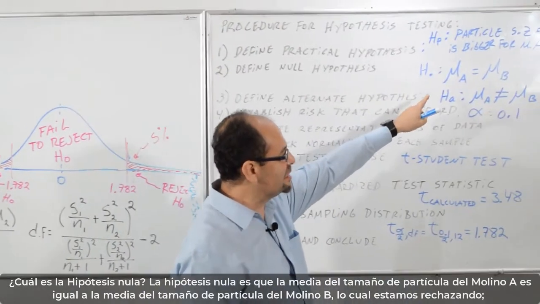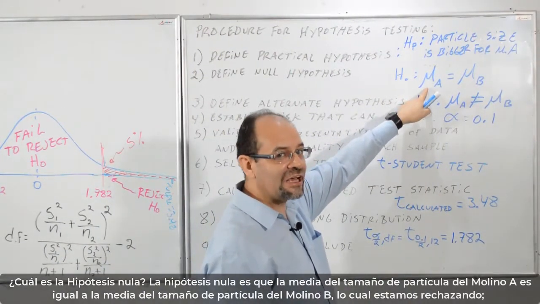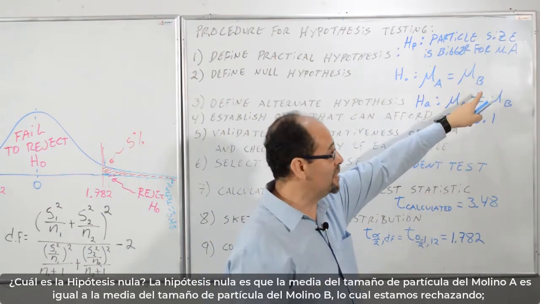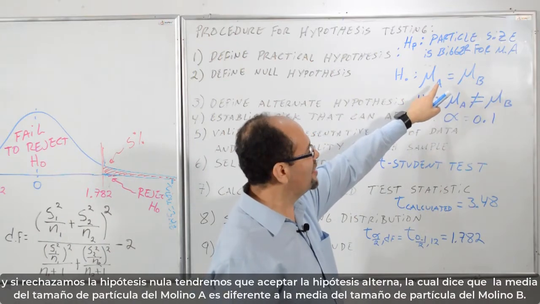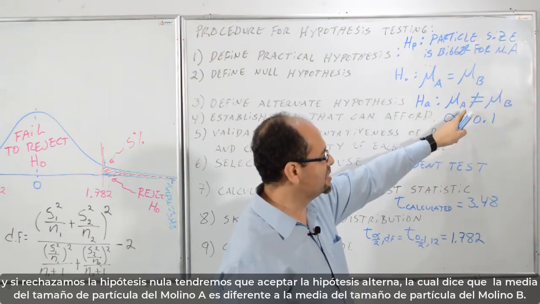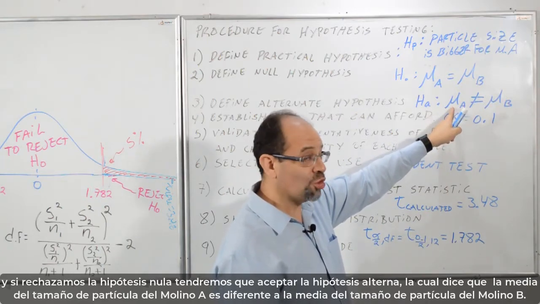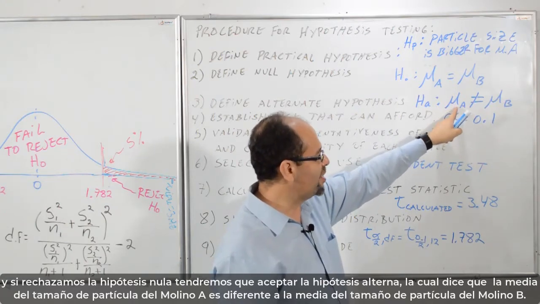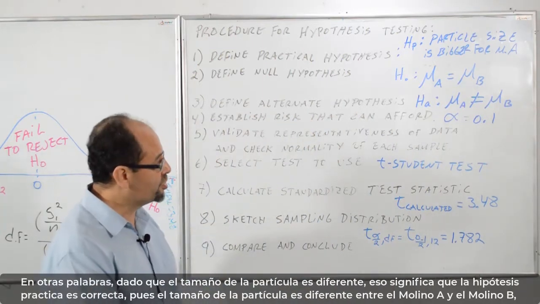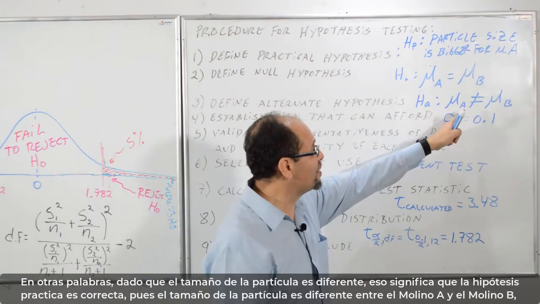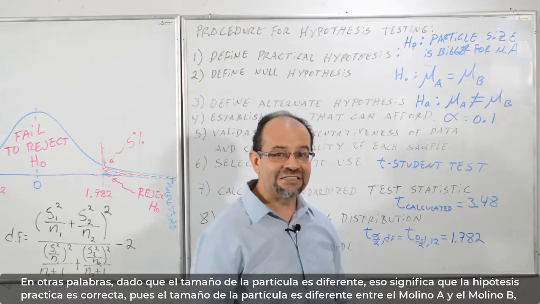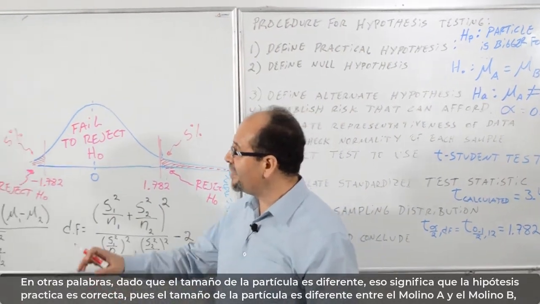The null hypothesis is that the mean of particle size for Miller A is equal to the mean of particle size for Miller B. We are rejecting that, and then if we reject the null hypothesis, we have to accept the alternate hypothesis, which is that the mean of particle size for Miller A is different than the mean of particle size for Miller B. In other words, since the particle sizes are different, the practical hypothesis is correct.